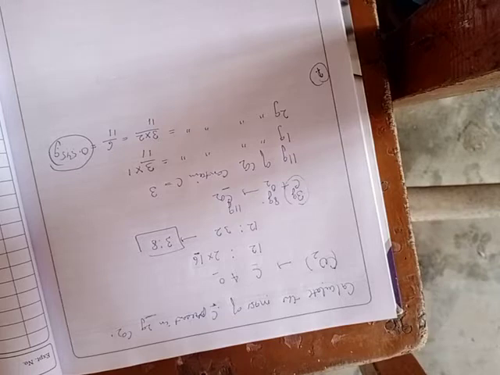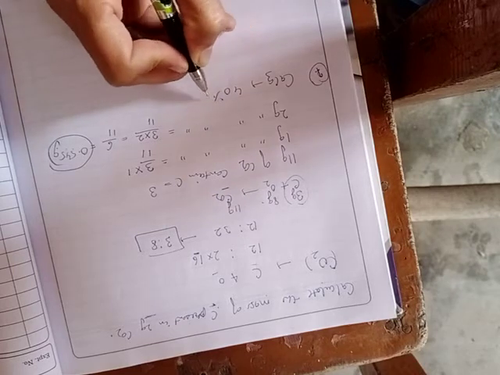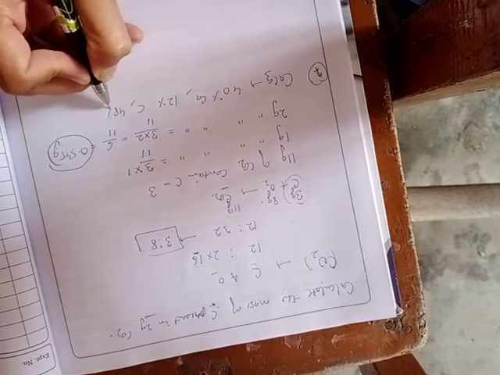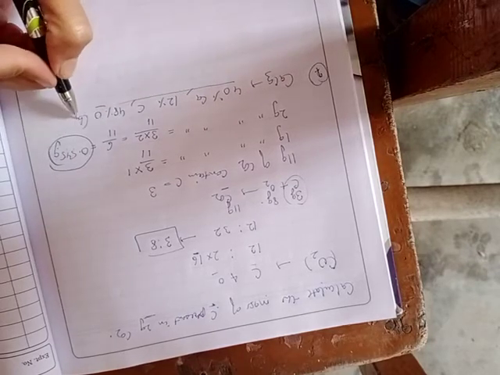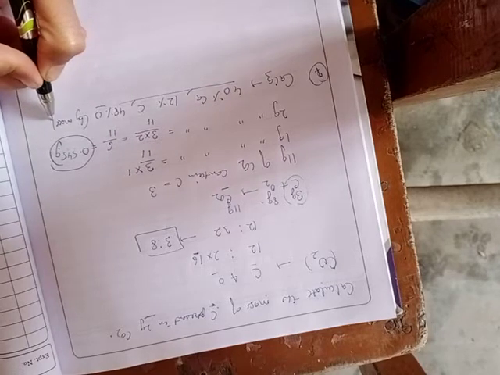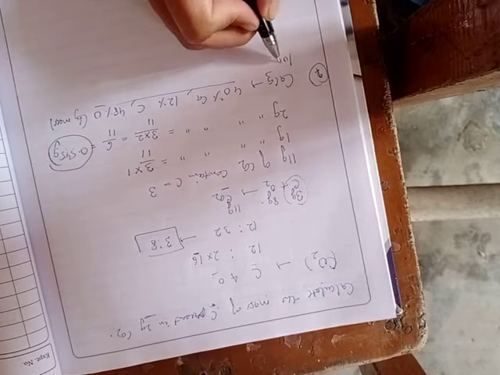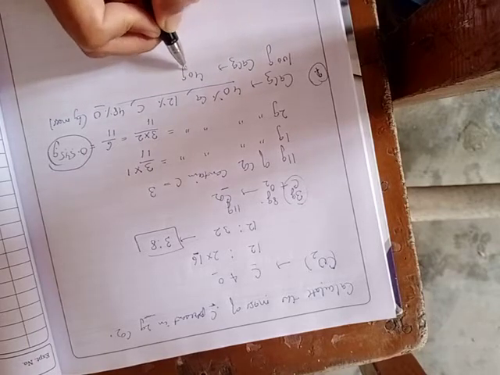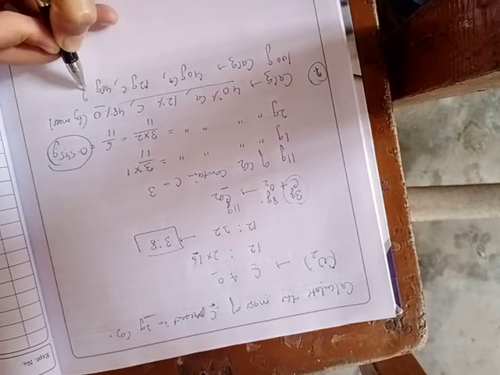The statement is: calcium carbonate, CaCO3, contains 40% calcium, 12% carbon and 48% oxygen by mass. This percentage is now given in the form of mass. It means 100 gram of calcium carbonate, that is 100 gram of CaCO3, contains 40 gram of calcium, 12 gram of carbon and 48 gram of oxygen.